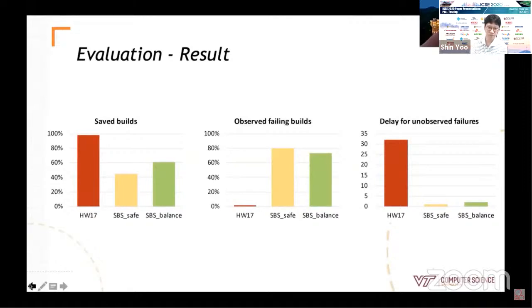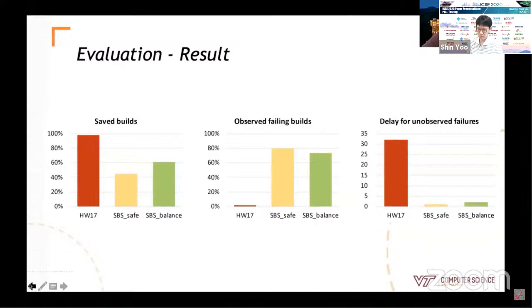Our approach resolves this limitation because our predictor doesn't rely on the information from the last build. Our approach under the most conservative configuration can capture 80% of failing builds, and it can also save 45% of computation cost. For those skipped failing builds, the observation will be only delayed for 1 build.